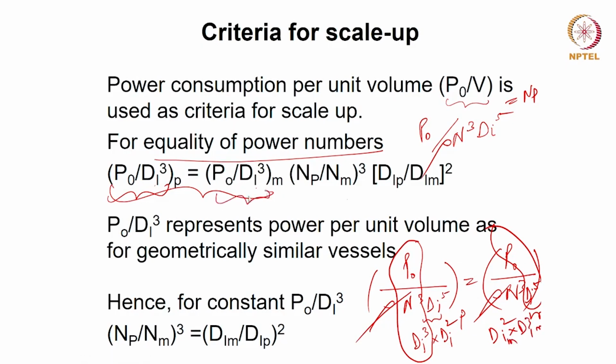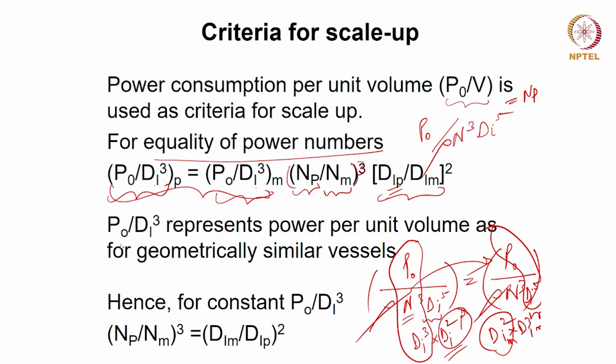Remaining would be Di prototype divided by Di model type to the power of square. So square is brought together on the RHS, and your impeller speed at the prototype goes to the RHS, to the impeller speed at the model type, whole cube. So this is a rearrangement of the equality of power number.